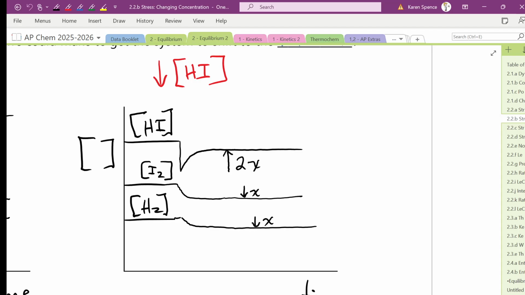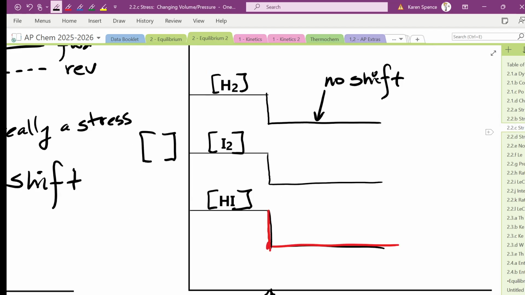No. So from looking at a diagram, you should be able to tell me what the stress was. If you looked at this diagram, you would say the stress was a decrease in HI. If you look at this diagram, you should say all of the concentrations changed, so that must be a change in volume to make every single concentration change.